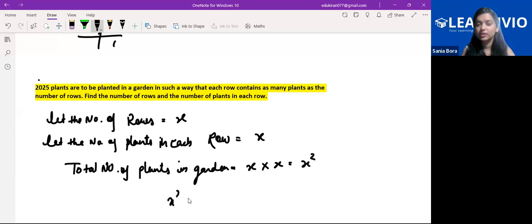So x square equals 2025. Now first write the statement and then start solving this.